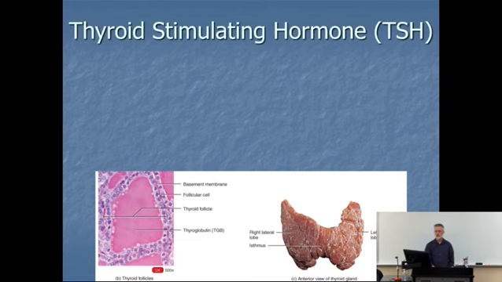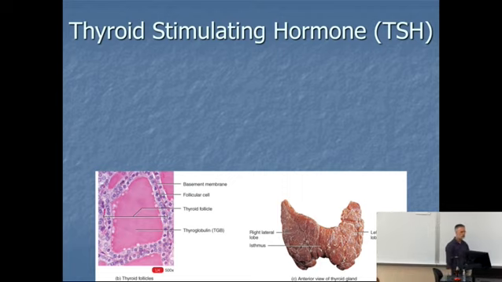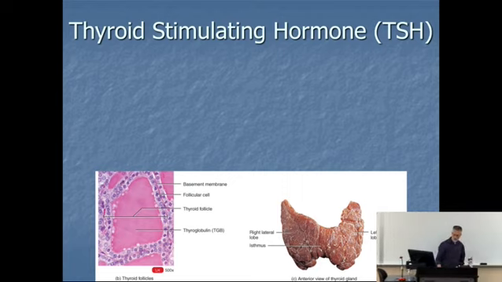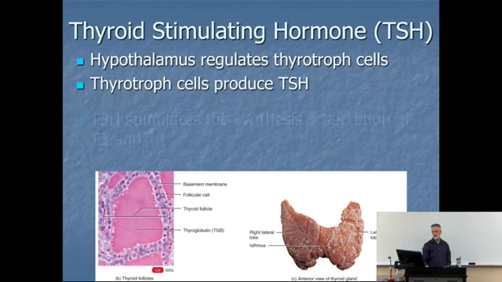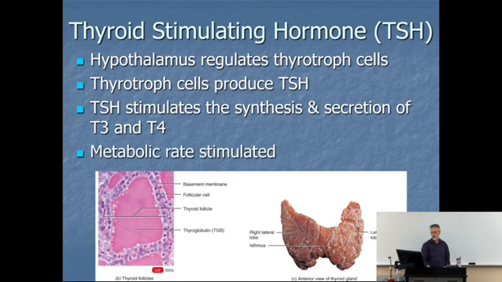Okay, so this is one of our tropic hormones that is basically going down to other endocrine glands and telling them when to release their hormones, right? So hormonal control as well. So thyroid-stimulating hormone is telling those follicular cells to release thyroid hormone. So thyroid-stimulating hormone tells the thyroid gland to release thyroid hormone. So that's pretty straightforward.